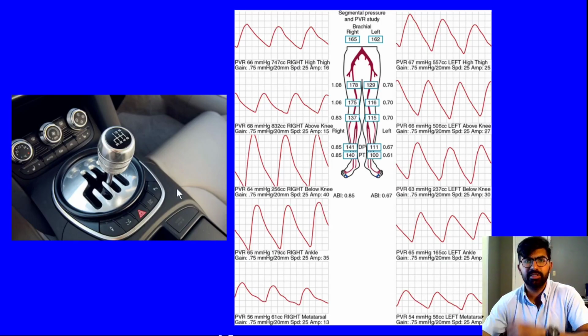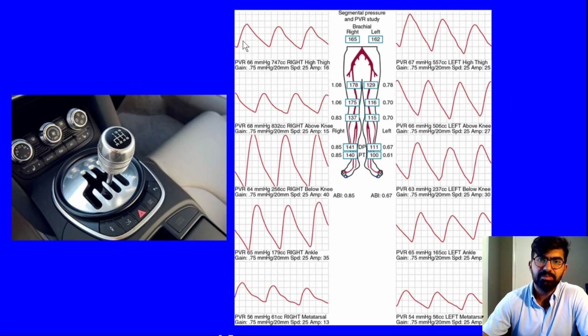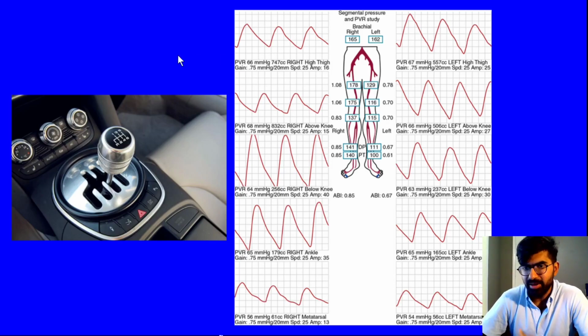Well, let's shift gears a little bit and look at this particular study. Now, it's a PVR study, and for those of you who believe that stands for peripheral vascular resistance, in physiology class, you'd be correct. But what it represents in vascular physiology is pulse volume recording.